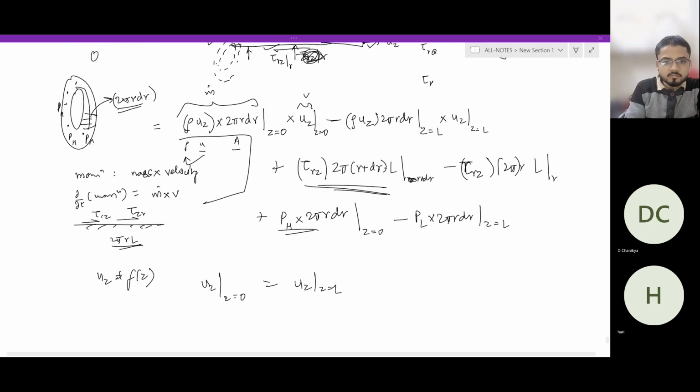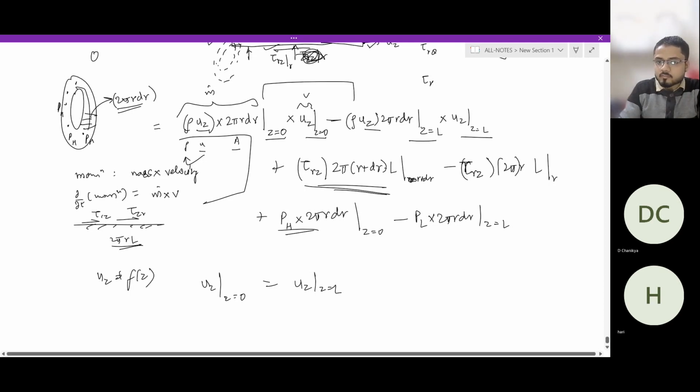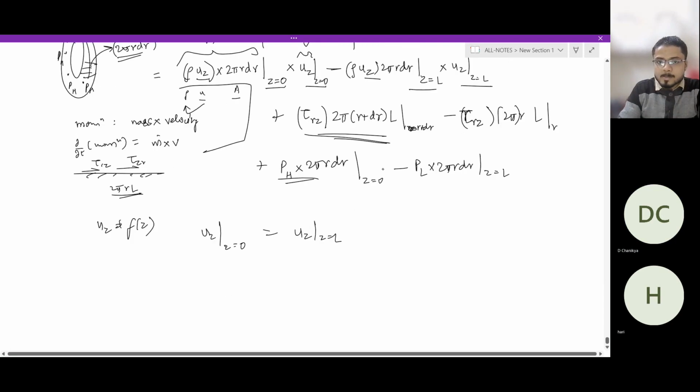Since uz at z equals to 0 is identical to uz at z equals to L, this entire thing becomes 0, right? These are both identical. So this part becomes 0. We've got this part left.